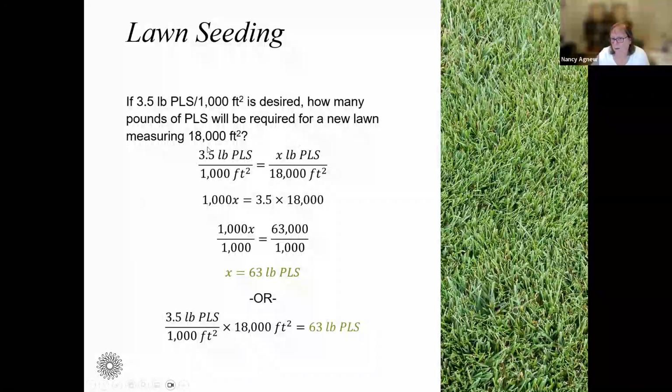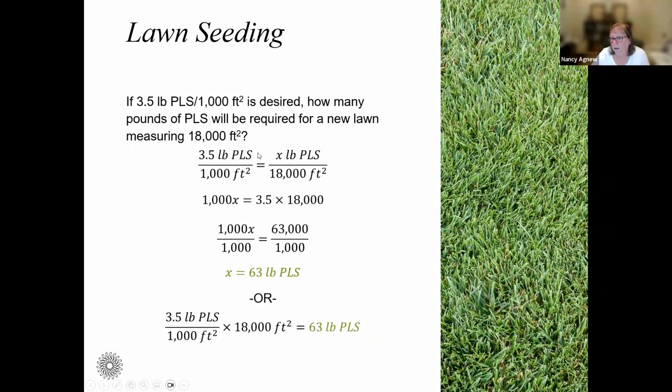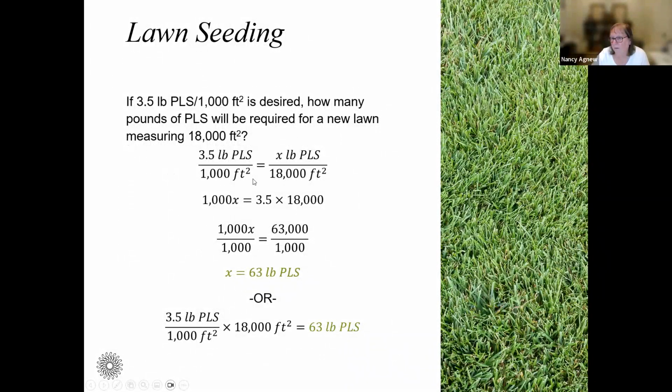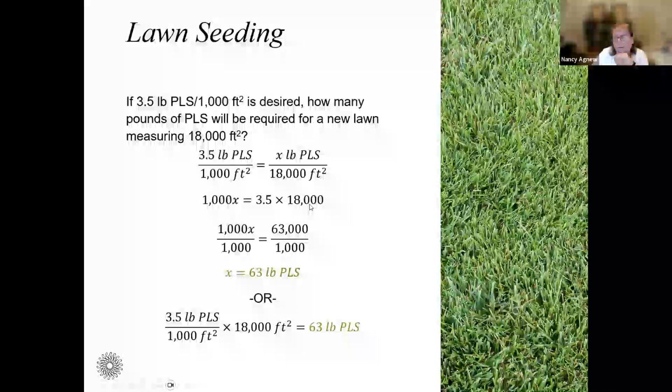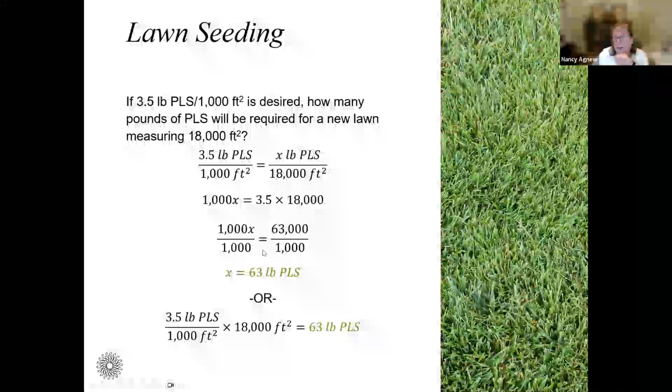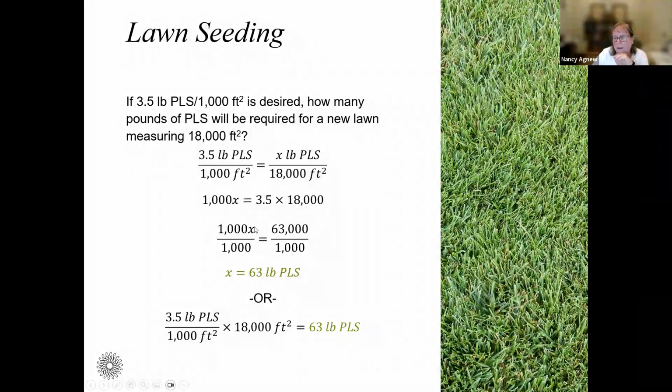The rate was 3.5 pounds of pure live seed for every 1,000 square feet of turf area that needs to be established, equals how many pounds of pure live seed for our 18,000 square foot project. So we cross multiply: 1,000 times X, or 1,000X, and 3.5 times 18,000. 3.5 times 18,000 is 63,000. We divide both sides by 1,000 so we can isolate X, and if we solve for X, it's 63 pounds of pure live seed.